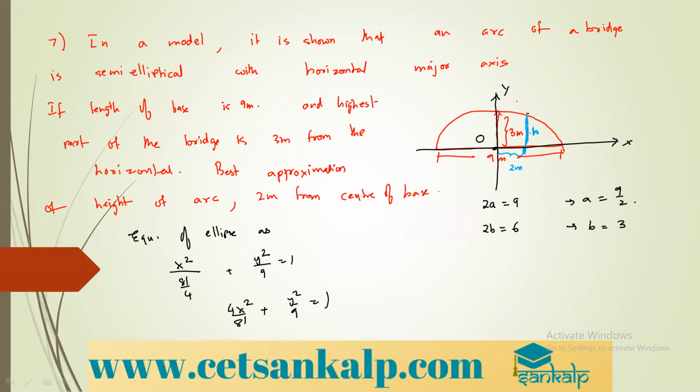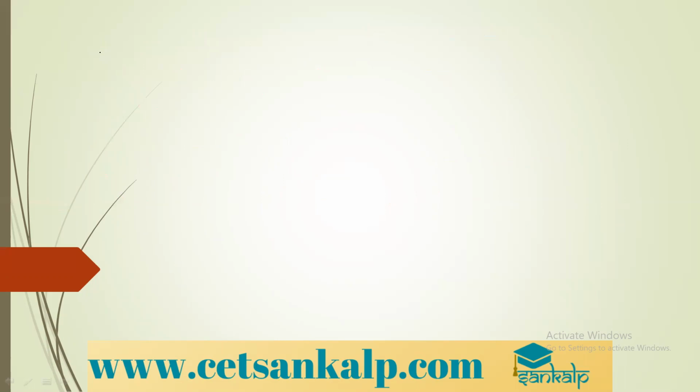Now, if I take this point, x coordinate is 2, y coordinate I don't know. So because (2, y) is on the ellipse, I can put (2, y) in this ellipse. So when I put 2, I will have 16 by 81 plus y square by 9 equal to 1. Or y square by 9 equal to 1 minus 16 by 81.